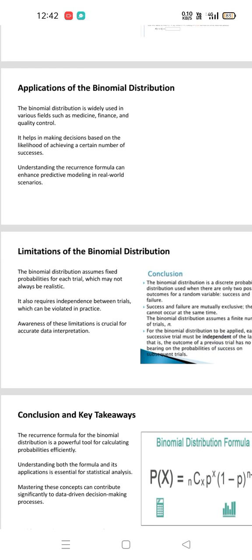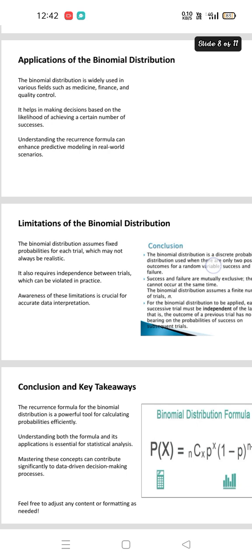Limitations of binomial distribution: it assumes fixed probabilities for each trial, which may not always be realistic. It also requires independence between trials, which can be violated in practice.